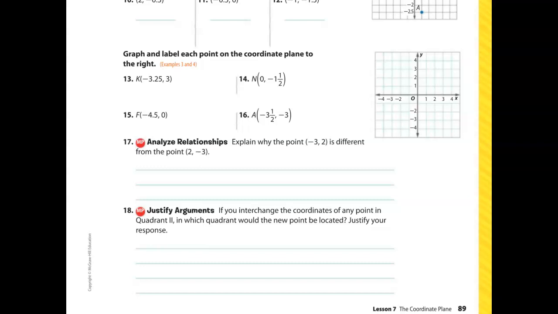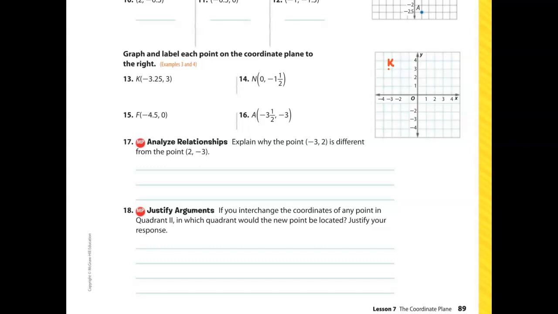So we start at 0, we go to -3, and halfway is too much, so that's going to be -3.5. So we're going to come back a little bit to 1/2 of 1/2, which is a fourth, and then we're going to go up 3, and we're going to put a point right there, and then we say that is K, and do the same thing for the rest of those.